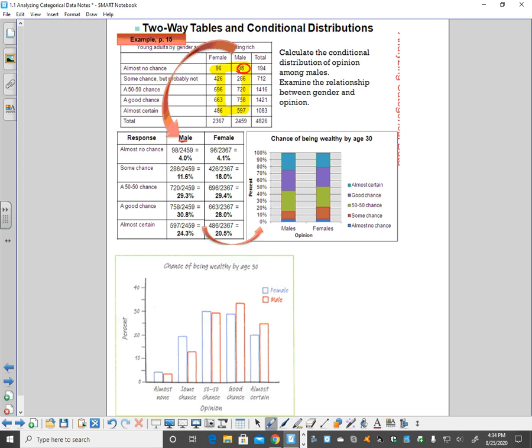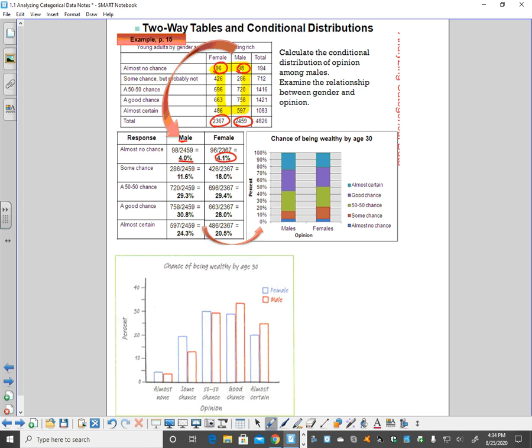So 98 over the total number of males, and that gave me the 4%. And then I'm going to compare it to females. 96 out of 2367, 4.1%. So guys, I can now see that it's about the same percentage of males and females who think they have almost no chance of being financially stable by the time they're 30.